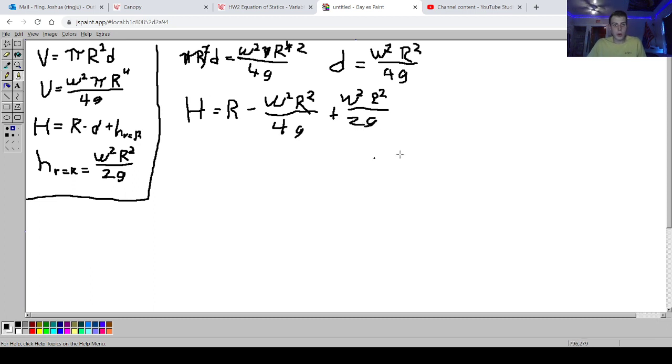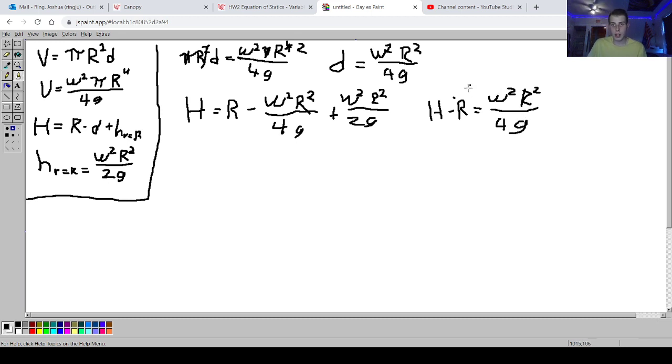So now we can go ahead and simplify by getting the h and r on the same side. So we'll have h minus r is equal to, and then some things will cancel out here, so it will just leave us with angular frequency squared, r squared, all of this being over 4g.